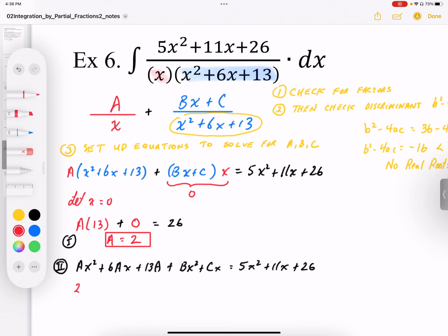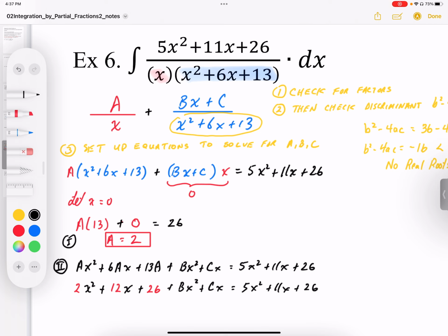I end up with 2x squared plus 6 times 2, which is 12x, plus 13 times 2, which gives me 26, and then plus Bx squared plus Cx, equal to the expanded form here, 5x squared plus 11x plus 26. Now I can start equating coefficients.